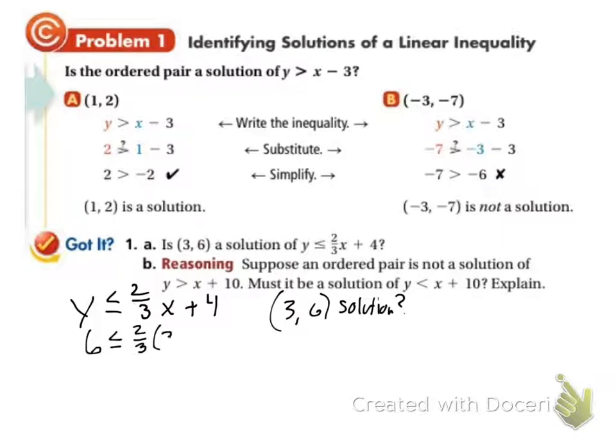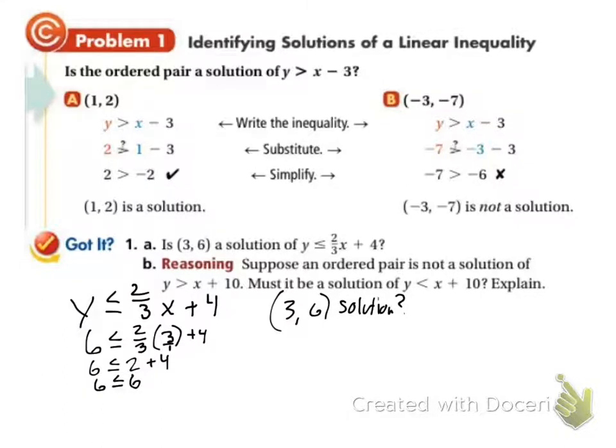And I'm going to plug in 3 for x. 6 is less than or equal to, you can change this so that the 2 is a fraction, right? And 2 times 3 is 6, and 3 times 1 is 3. So 6 divided by 3, which is just 2, plus 4. And we get that 6 is less than or equal to 6.